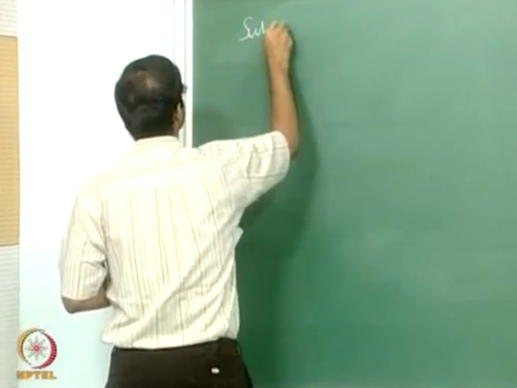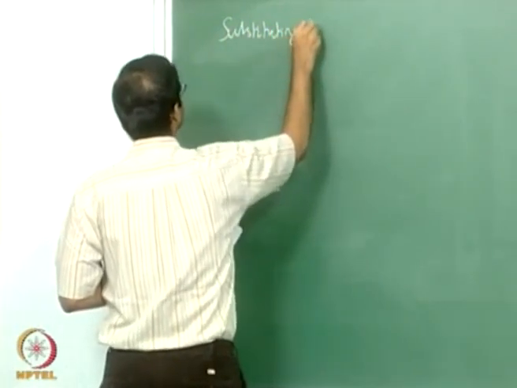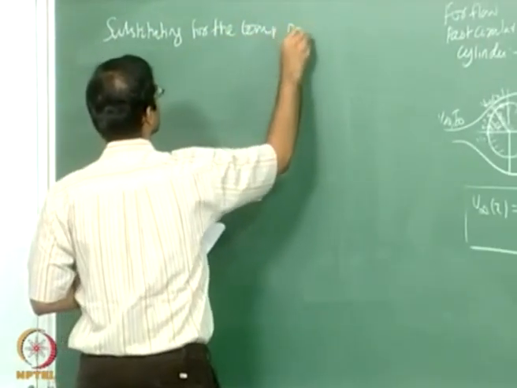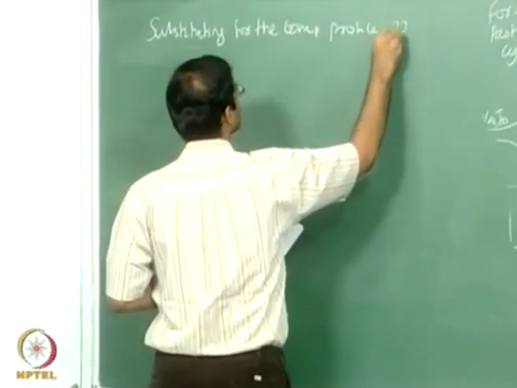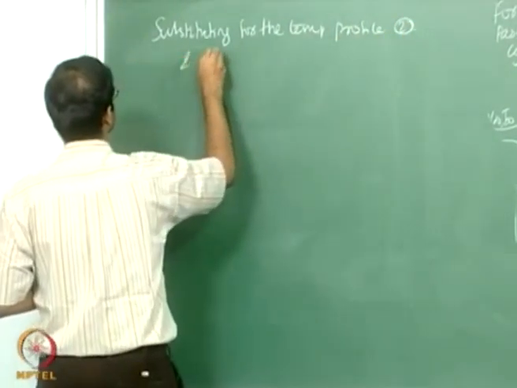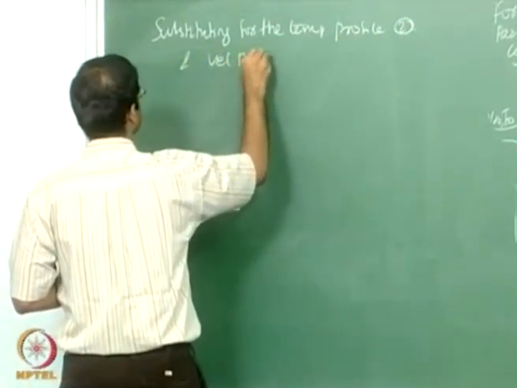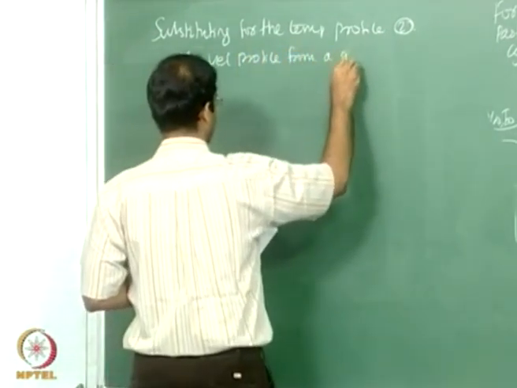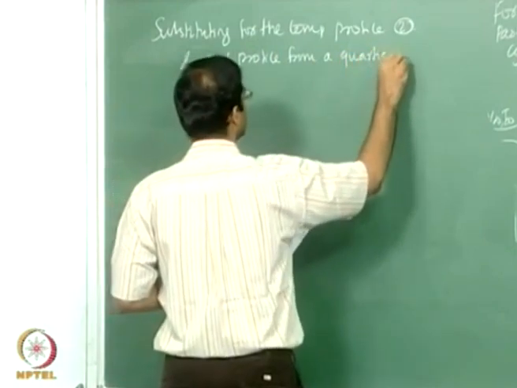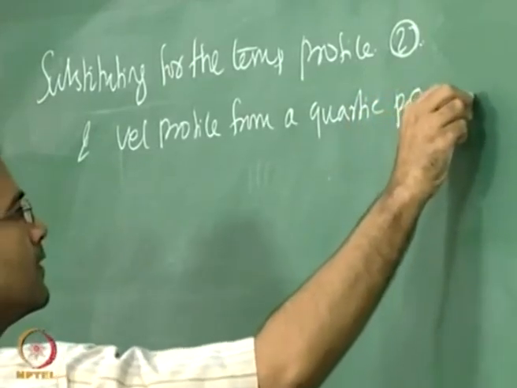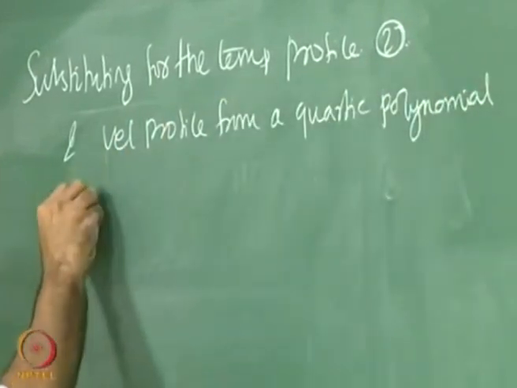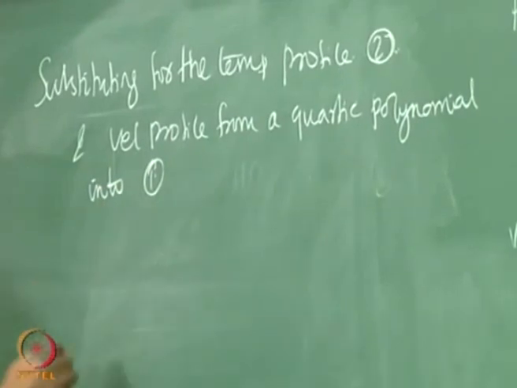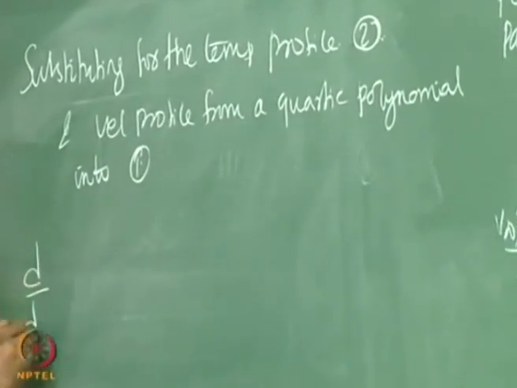So substituting for the temperature profile 2 and velocity profile from the quartic polynomial into 1, I have d by dx.